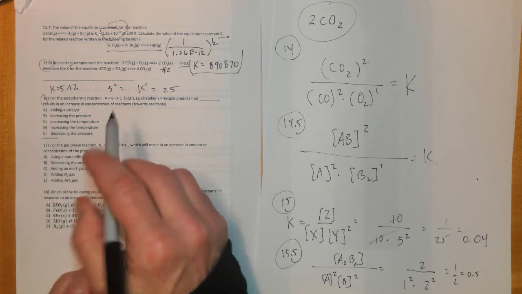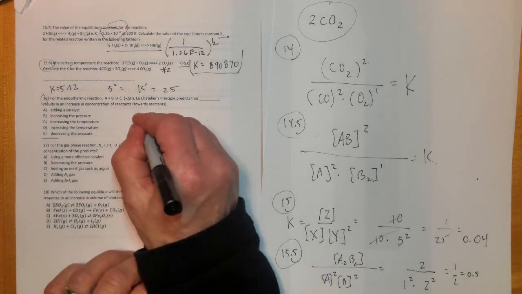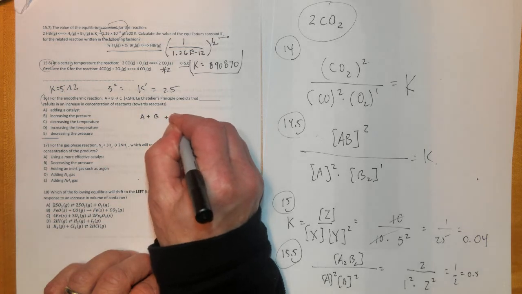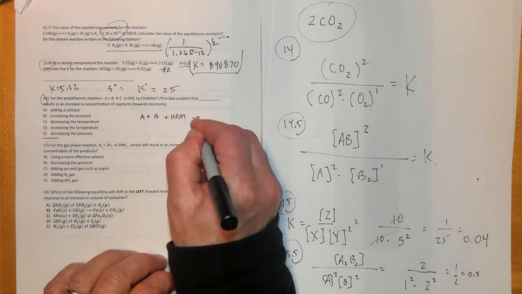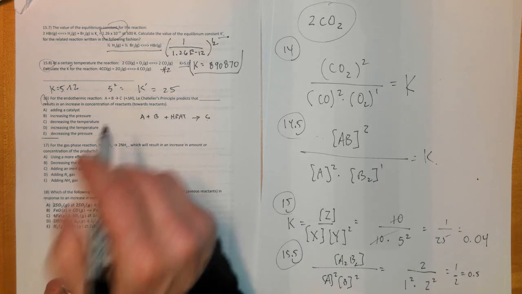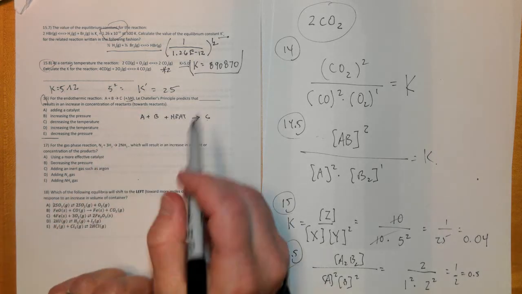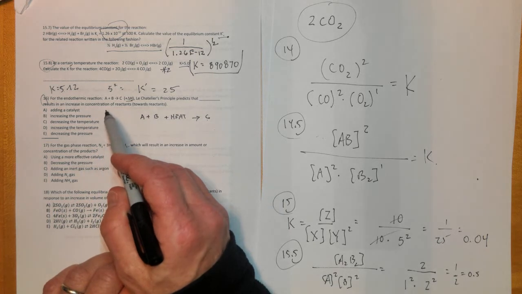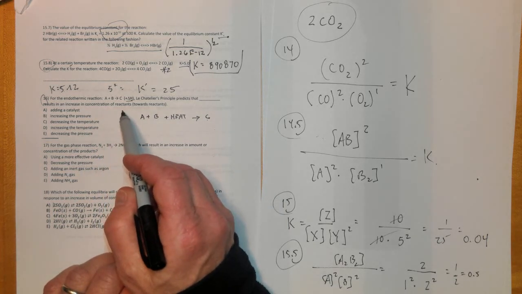Number 16, for the endothermic reaction, remember when it's endothermic, you need to add heat to the reactants side. It says positive delta H right here. Le Chatelier's principle predicts that blank results in an increase in concentration of reactants.